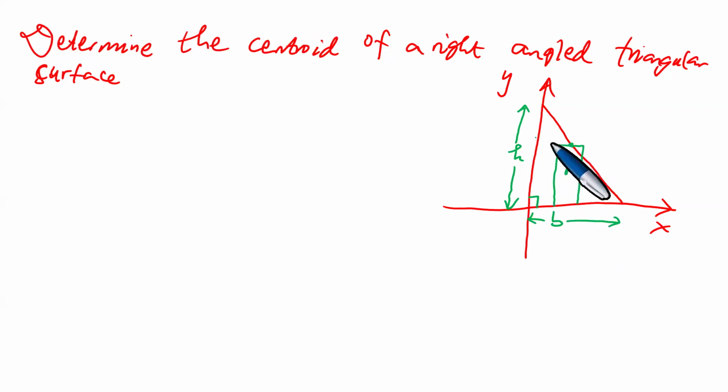Then we shall find here dx, which is the width of this particular rectangle. We identify a point whose coordinates are x and y at the top, at the point of intersection of this side of the triangle and this rectangle.